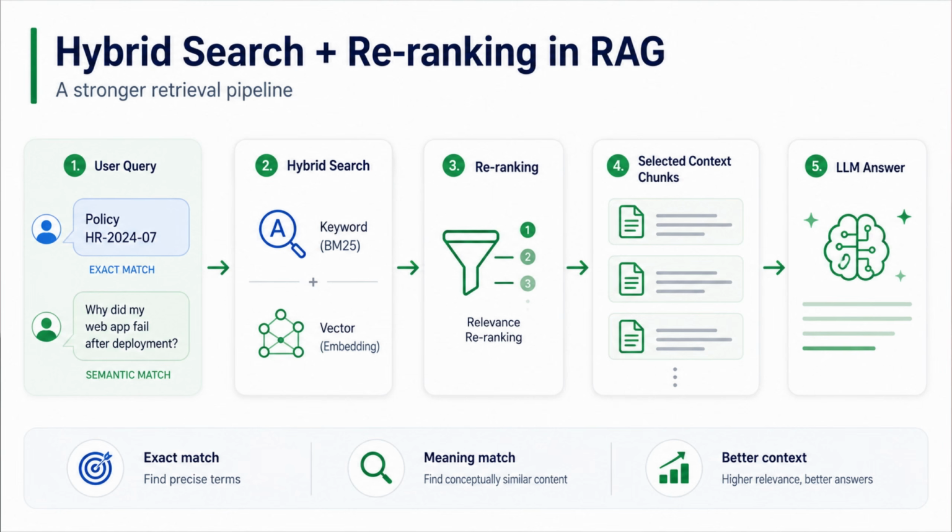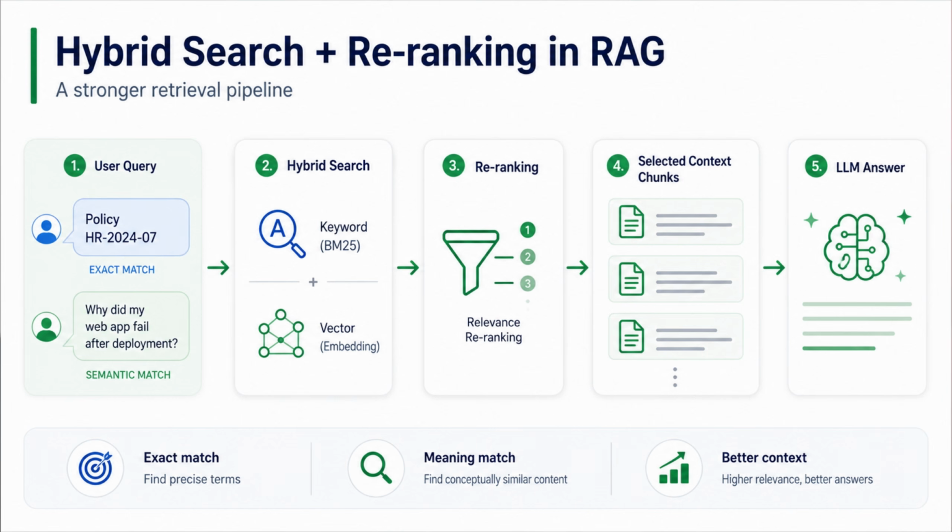Similarly in Azure AI Search, you may hear about semantic ranking, which is used to improve the order of the search results based on meaning and relevance. The idea is similar. We first retrieve the candidate results, then we improve the ranking so the best content is selected for the model.